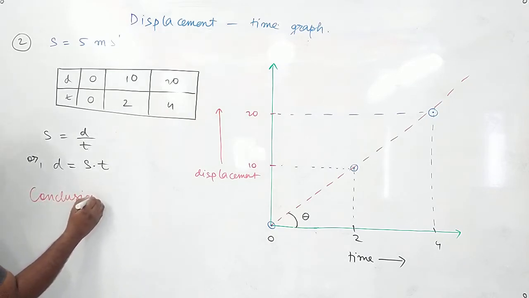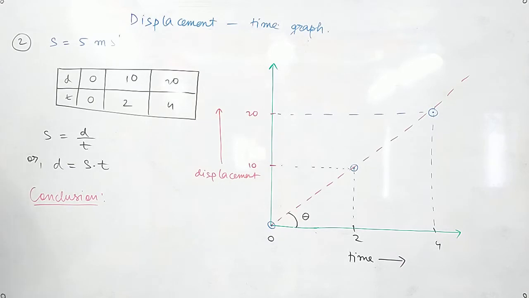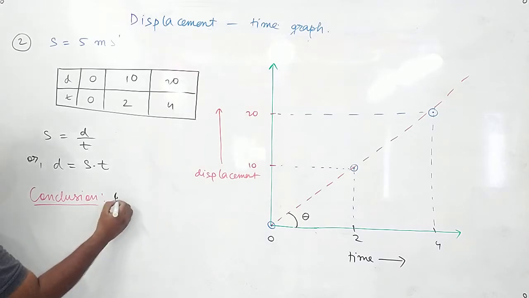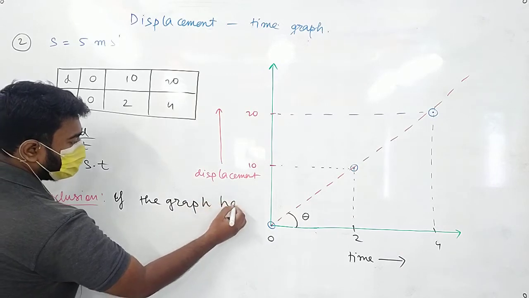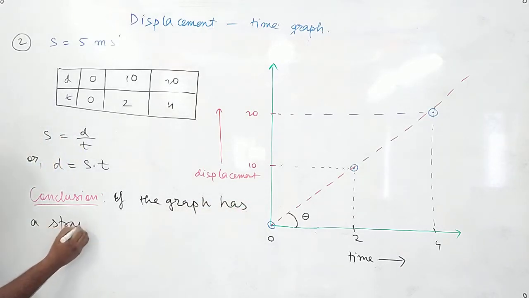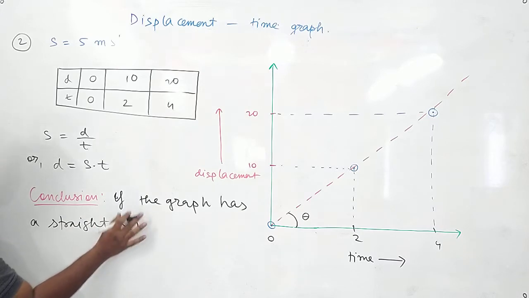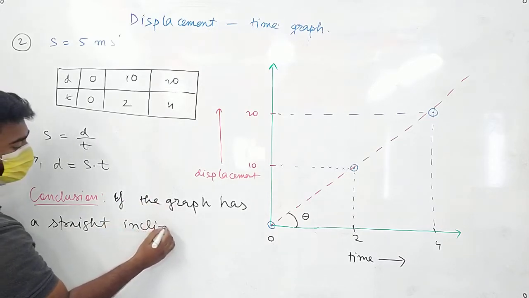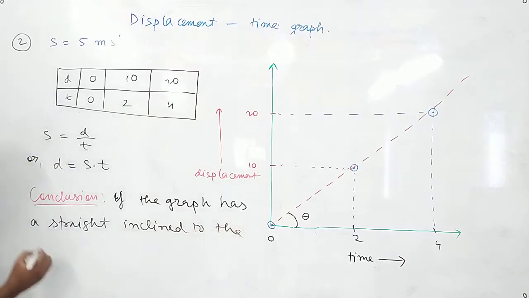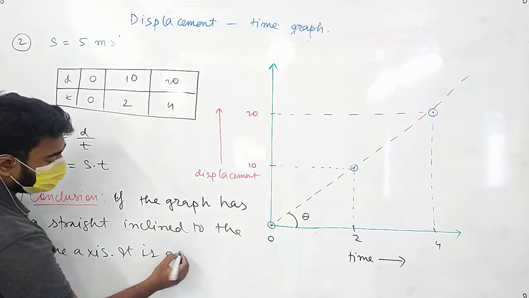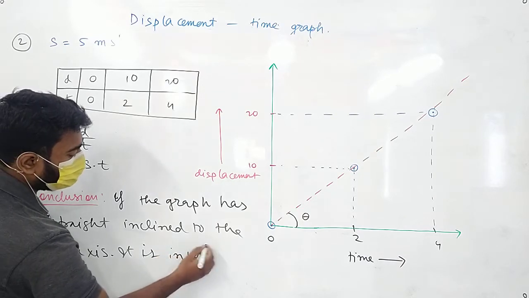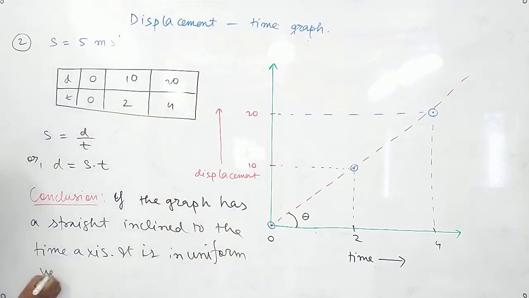If you can see a line which is not parallel to the time axis, simply we can say, if the graph has a straight line inclined to the time axis, it is in uniform velocity.